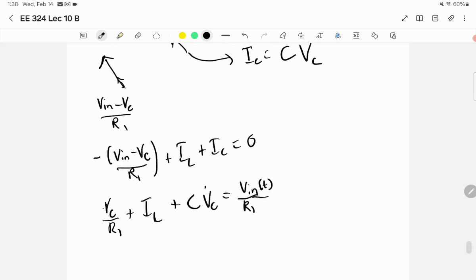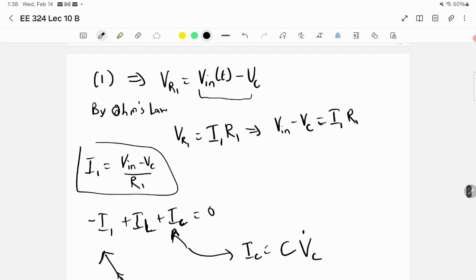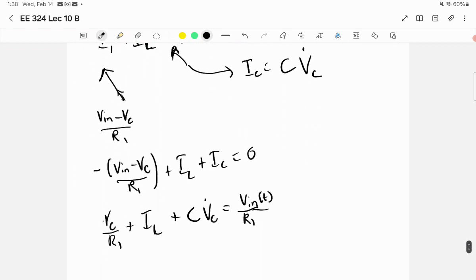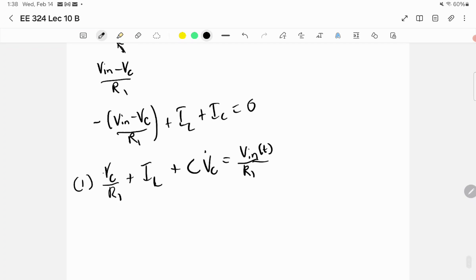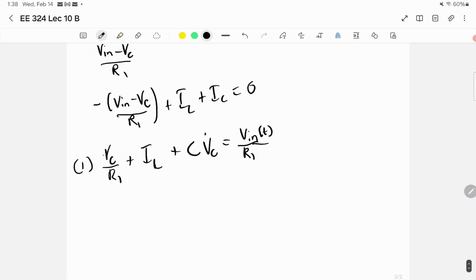I'm just doing this because this is my input, right? This is my input for the equation. So let's call this thing now equation 1.